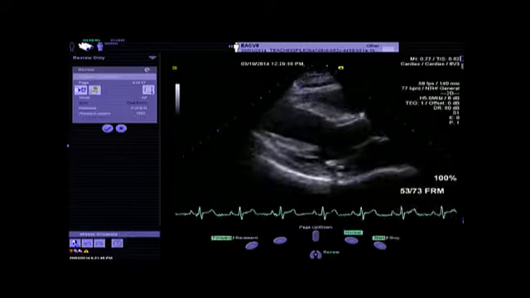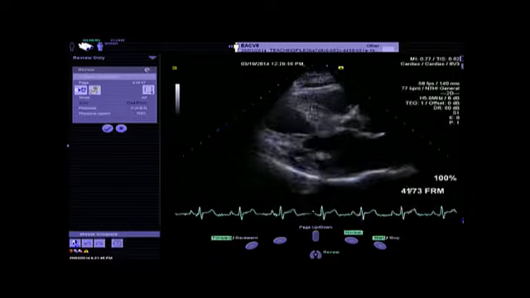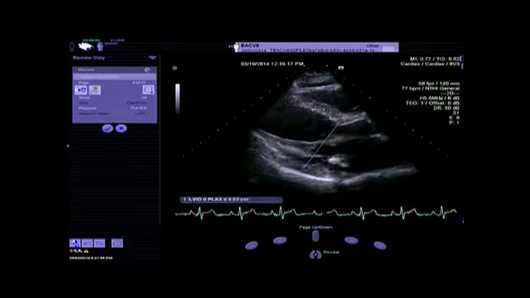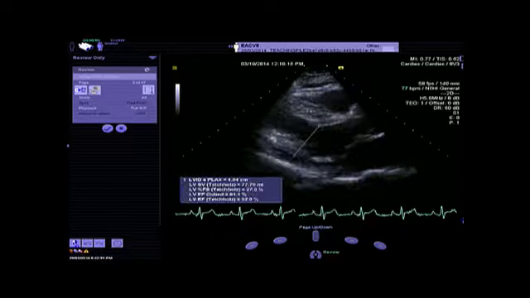Let me see. Yes, I have this image. So I will just measure the left ventricular end diastolic and end systolic diameter. And you have here the measurement of the left ventricular end diastolic diameter. And here you have the measurement of the left ventricular end systolic diameter. And you know here we have 40 millimeter.